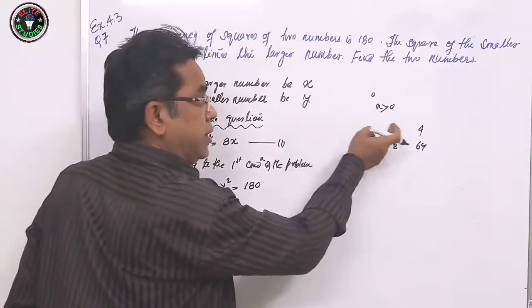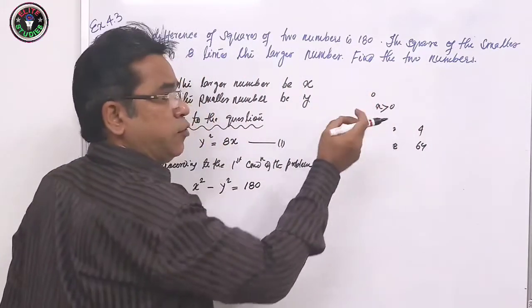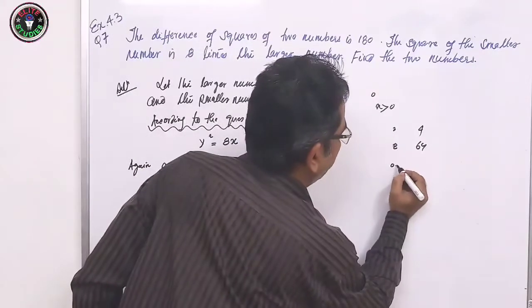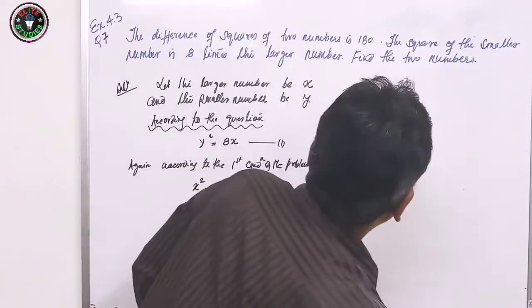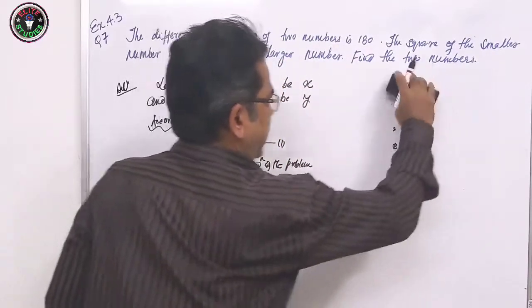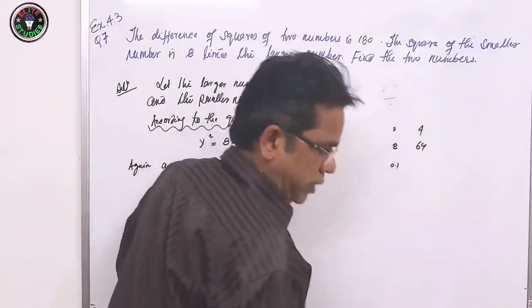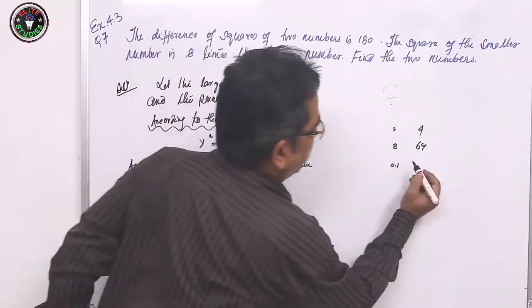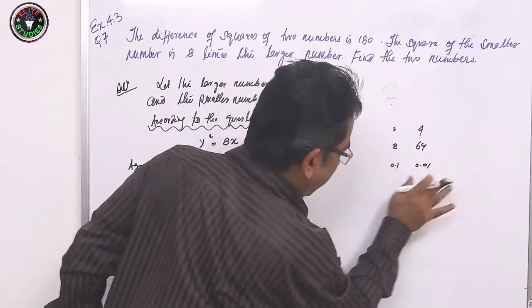But if x is less than 1, meaning it is a fraction, suppose it is 0.1, then its square will be 0.01, it will become less.